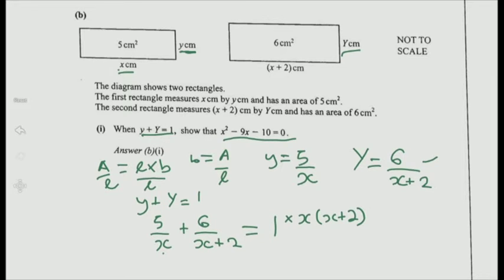Multiplying each term by x times x plus 2, then the last term, you multiply it by x times x plus 2. Then you can cancel out that x with that x.